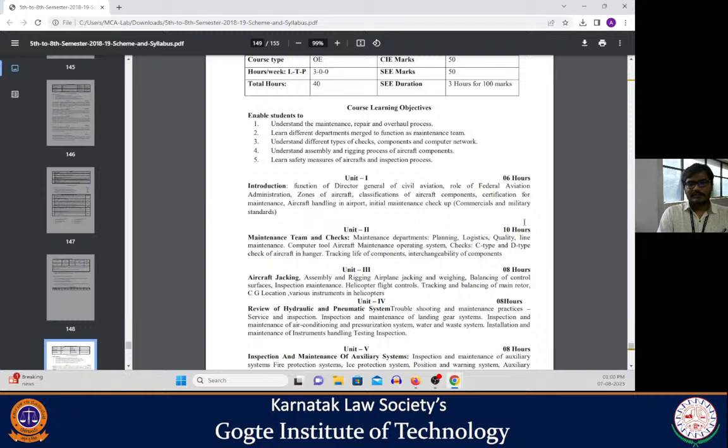Coming to unit 3, here are some more detailed things about aircraft weight estimation. Before takeoff, the pilot will generally calculate the takeoff weight of the aircraft.